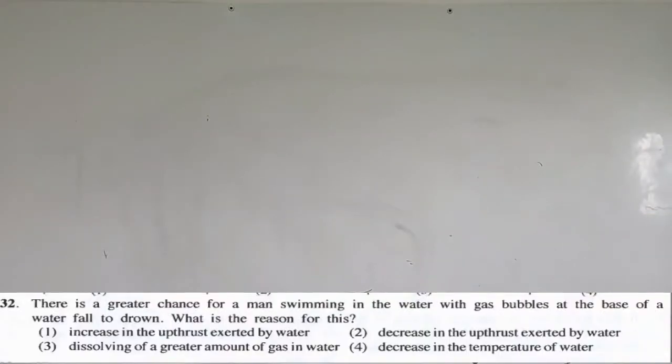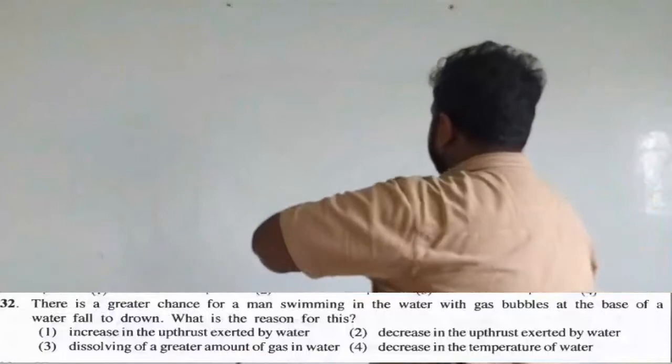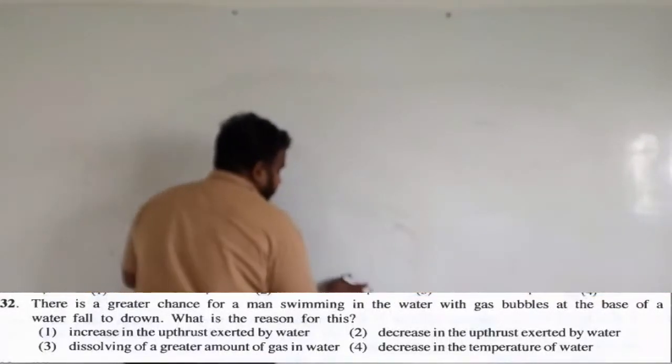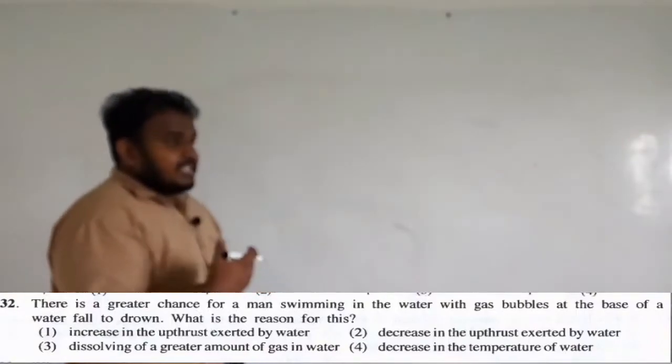If we go to the 32nd question, there is a greater chance for a man swimming in the water with gas bubbles at the base of a waterfall to drown. What is the reason? So they have asked you a question. It's basically a complete general idea.